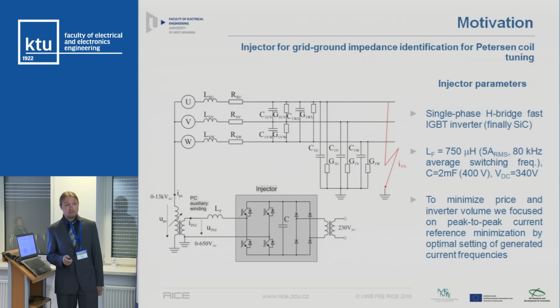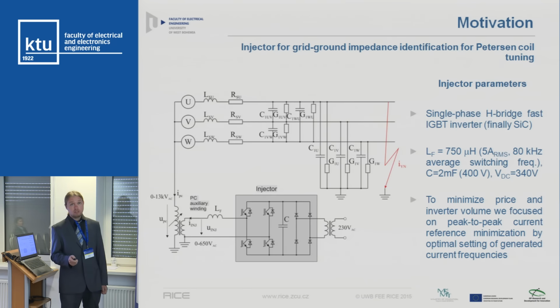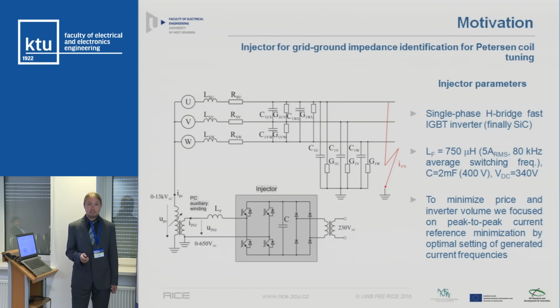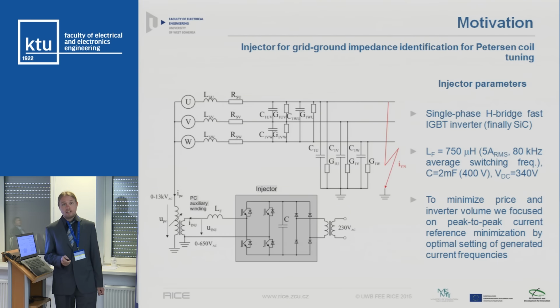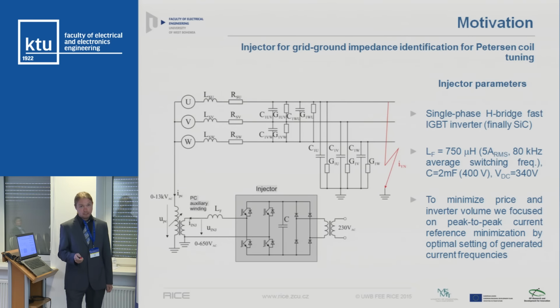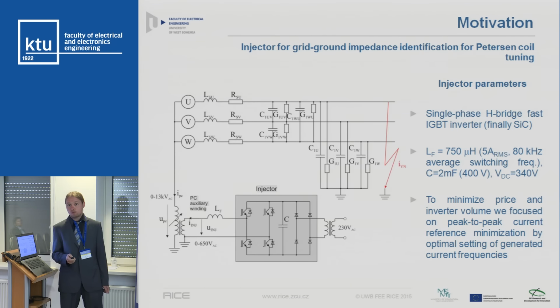Actually, the injector is based on a single-phase H-bridge inverter with fast IGBT transistors. The final application will consist of silicon carbide transistors. The filtering inductance is, and it should also be in the final application, 750 microhenry. The average switching frequency, because we use analog hysteresis control of current, is around 80 kilohertz.